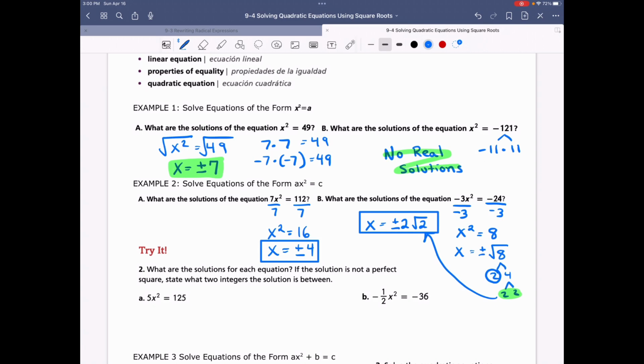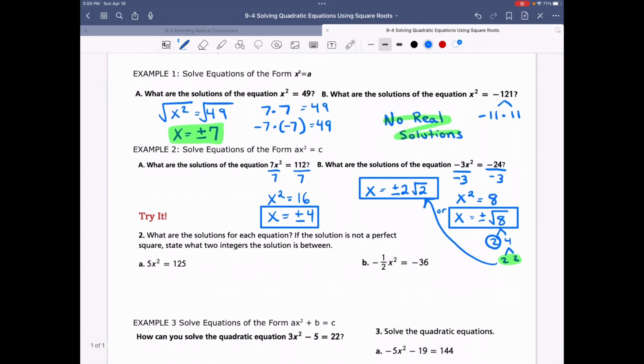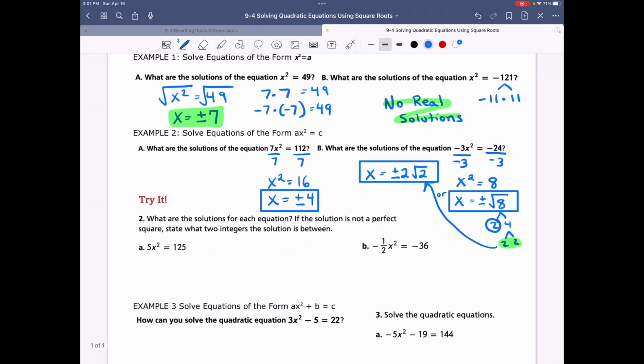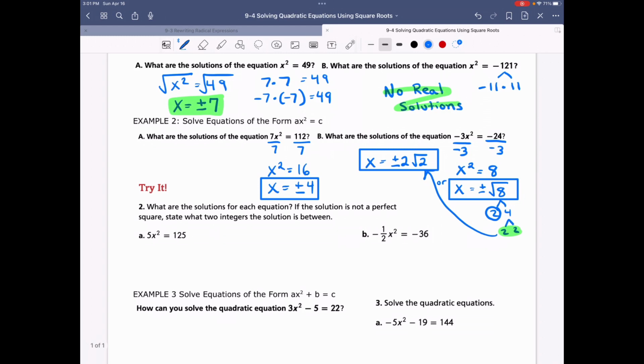You could also leave it like this unless it asks you to not leave any perfect squares inside of the radical. So either is fine. Let's try it. I think I'd like to pause the video here and work these out as a class and ask you guys questions, see if you're paying attention.